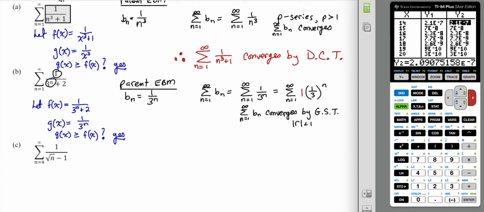Okay, so what we would say here again is that the series converges by the direct comparison test.